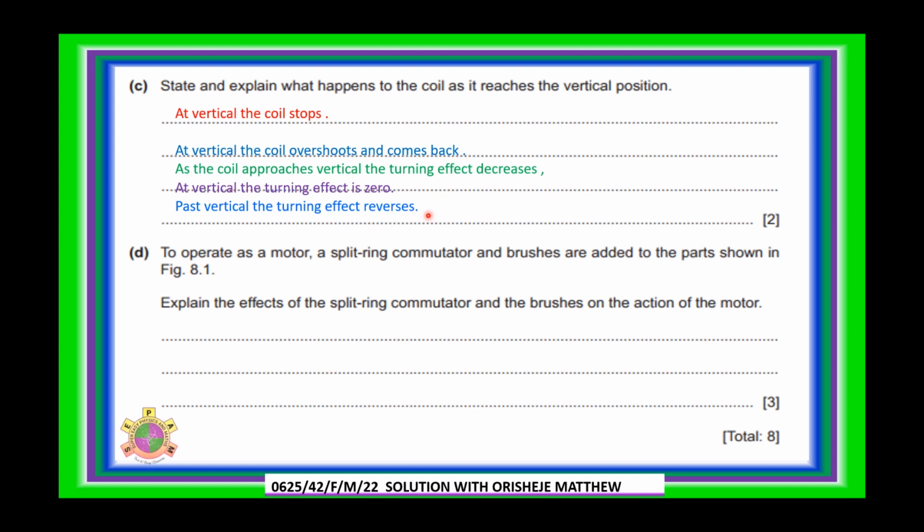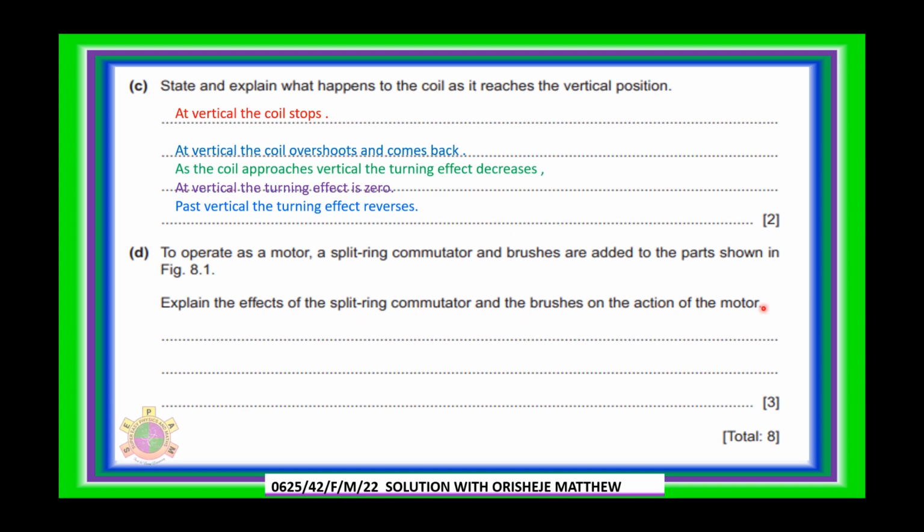It's just to help it to reverse the direction of motion and to make the rotation of the coil continuous. So that is the reason. So they help to reverse the current in the coil. Then the brushes ensure current is maintained and make the coil rotate continuously in the same direction. So those are the two major issues.